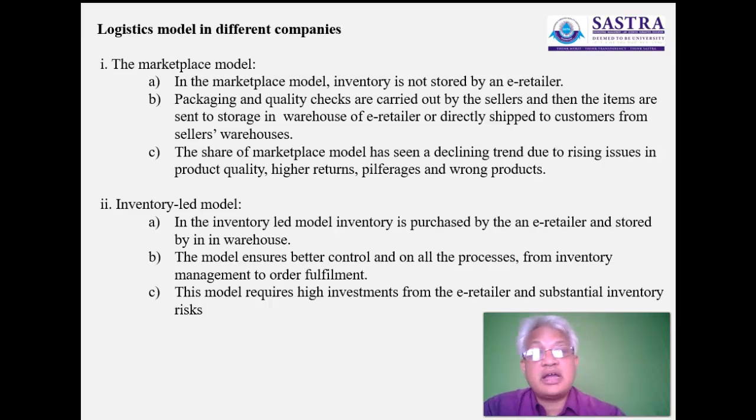So, in the marketplace model, the e-retailer does not hold the inventory, whereas packaging requirements and the quality checking requirements as soon as the customer places the order are done by the seller, and the seller either directly sends the goods to the customer at the given address or sends them to the warehouse of the e-retailer. And at the warehouse of the e-retailer, which we also call, if you recall, distribution centers, it gets directly shipped to the customers immediately.